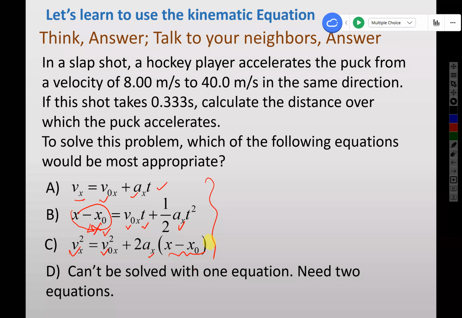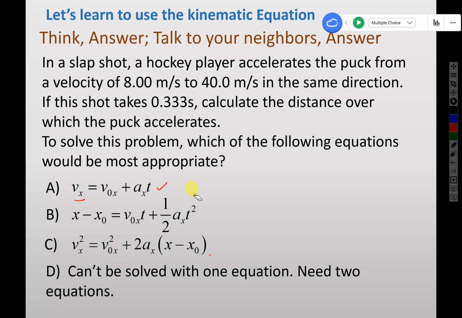So basically this equation came from this equation by substituting this. If you understand that, these are just two main equations. This came from these two, which means even without this, we should be able to solve the problem. But we are sticking with this, and you can use this equation when you don't know the time, okay?